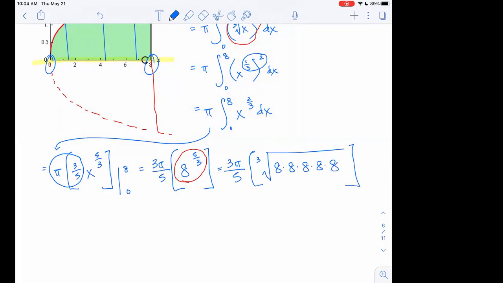Okay. And I might not know what 8 to the 5/3 is, but I sure do know what the cube root of 8 is, and I think we all do as well. So when we take the cube root of this 8, what do we get? Two. We get 2. Okay. And if we take the cube root of this one, we'll get 2. And we take the cube root of that one, we'll get 2 and 2 and 2.